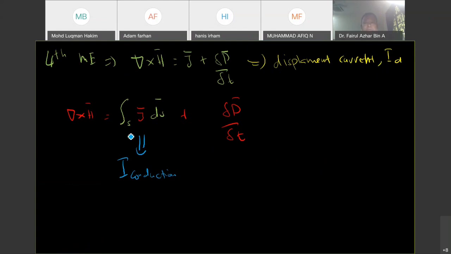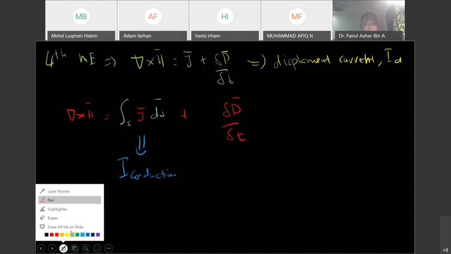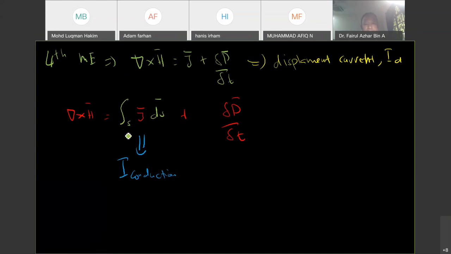If we solve this part of the equation using surface integration of dS, then in order to maintain the mathematical principle, we need to solve this other part of the equation as well, using the surface integration of S. Same goes to this one, dot dS.